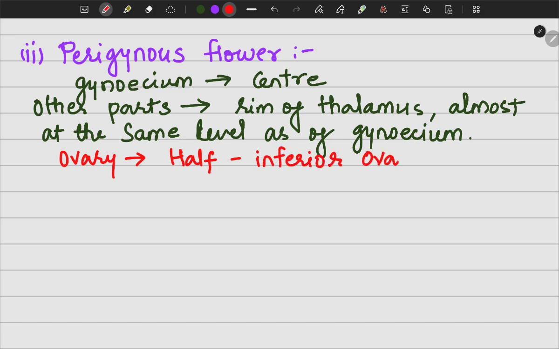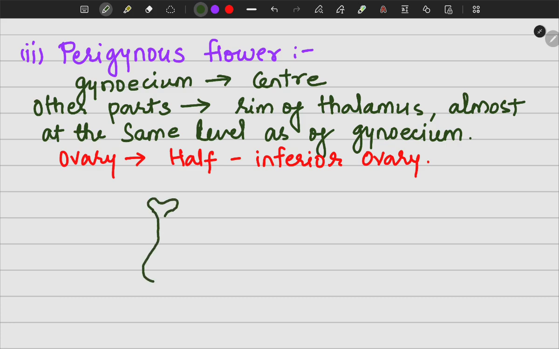Half inferior ovary. So let us understand with the help of the diagram. We will make two diagrams for this, because there are two possible conditions.